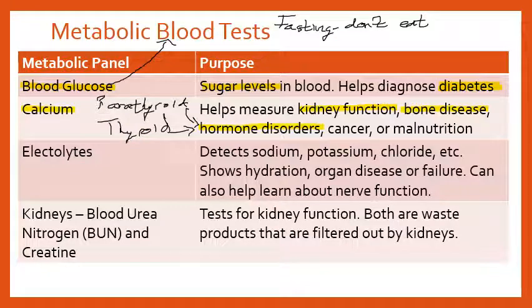So that could be one indicator they're looking for there. It could be an indicator of cancer as well, and it could be an indicator of malnutrition. They're really looking at, do you have the right amount of calcium? And because calcium is used in specific places in the body, it helps them diagnose those things.